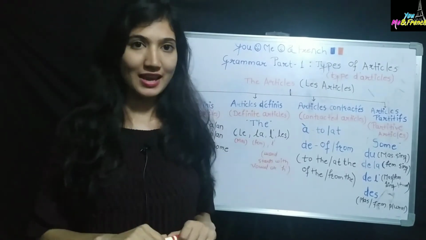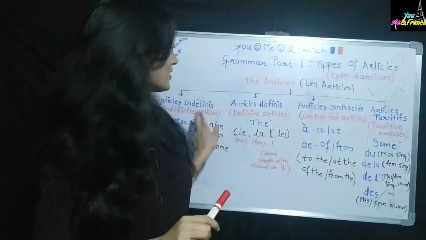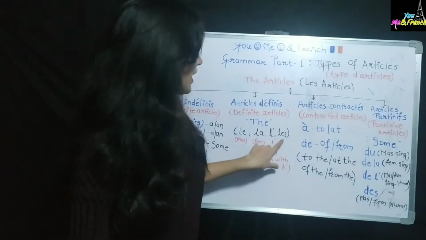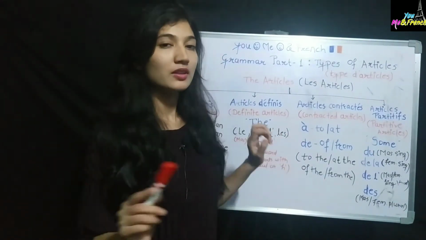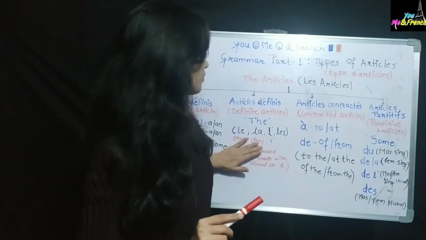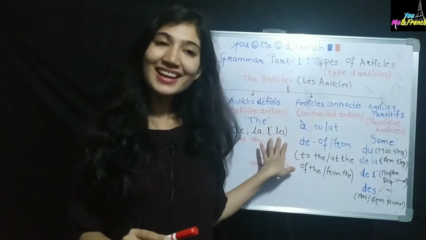We do not pronounce the H. L apostrophe homme. Don't worry, just remember these names. I will explain it. Then les is for plural, no matter whether it represents masculine or feminine. If it is in plural form, it is les.